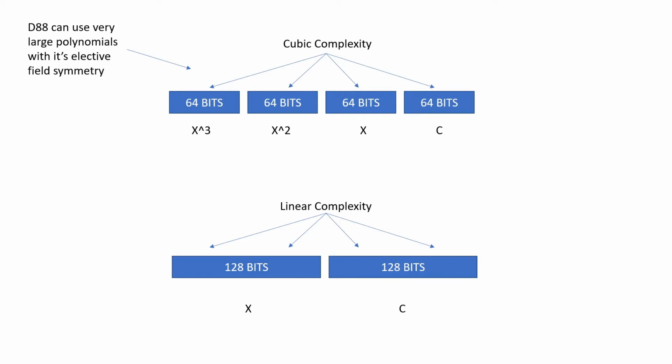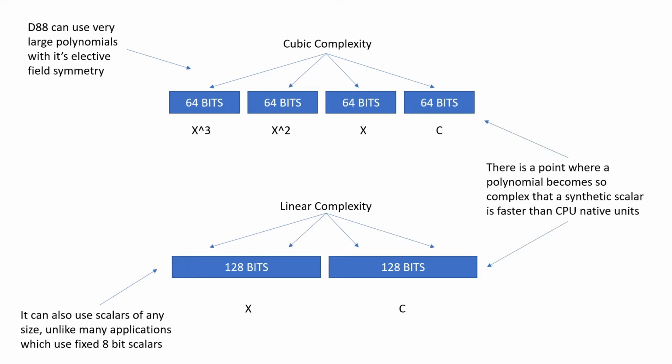D88 can use very large polynomials with its elective field symmetry. It also can use scalars of any size, unlike many applications which use fixed 8-bit scalars. There's a point where a polynomial becomes so complex that a synthetic scalar is actually faster than native CPU integer units. This is our macro optimization. We've looked at the problem as a whole and discovered a way we can do it better.